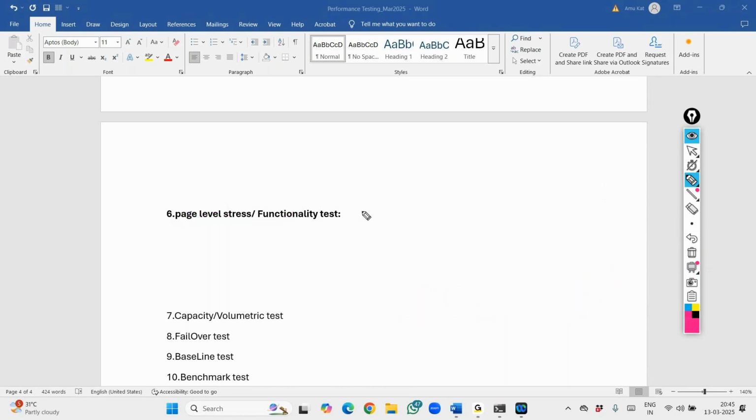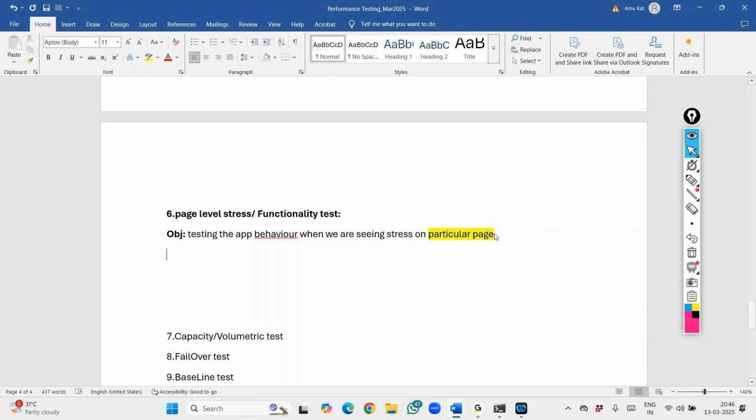Here the main objective is testing the app behavior when we are seeing stress on a particular page. It's only related to the particular page.